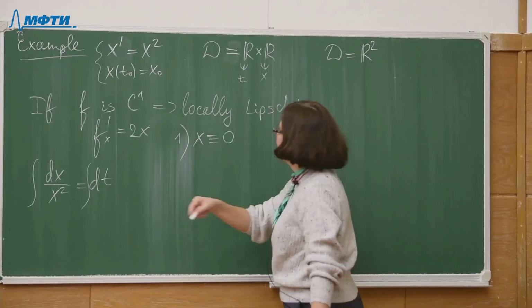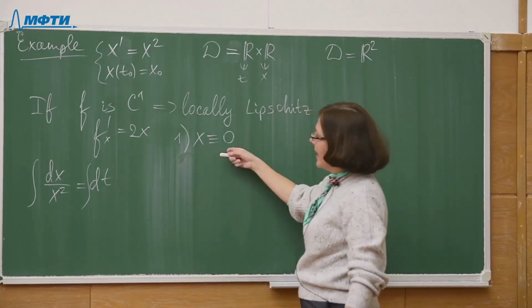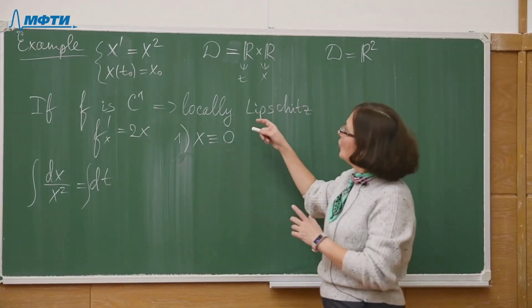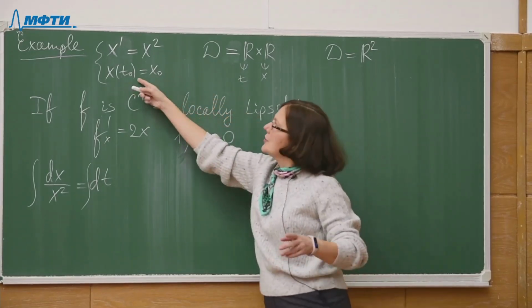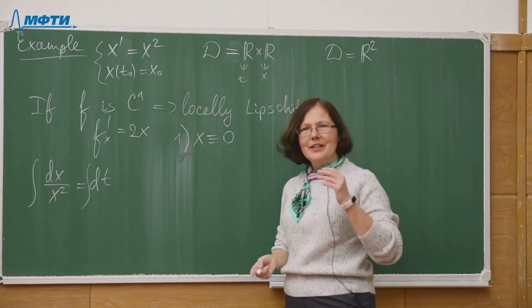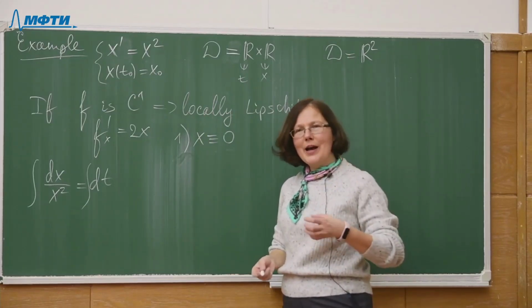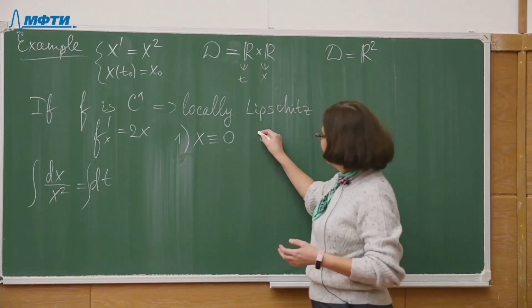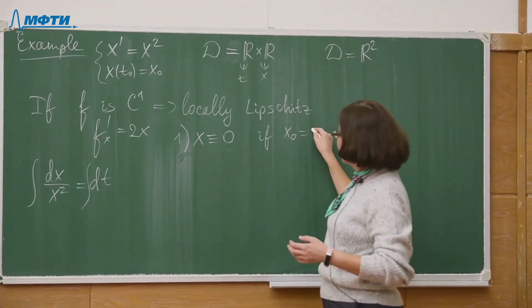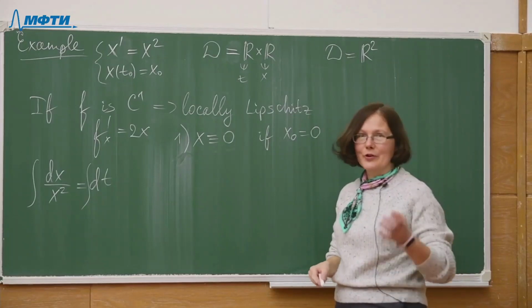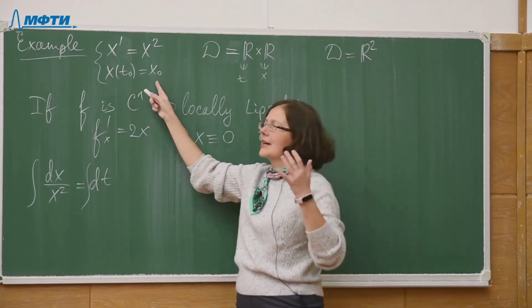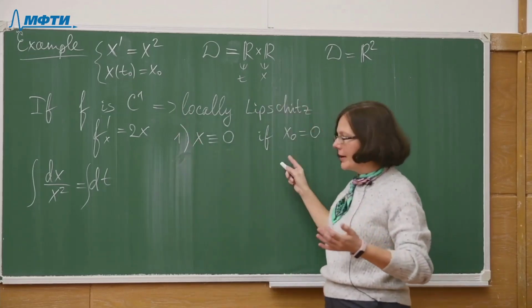So this is a solution, but to obtain this solution, what about t0 and x0? x0 must be taken to be equal to 0, right? So if x0 is 0, for any t0, t0 is arbitrary, but if x0 is 0, then we have this.